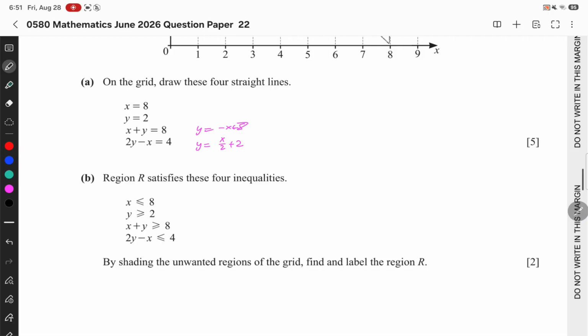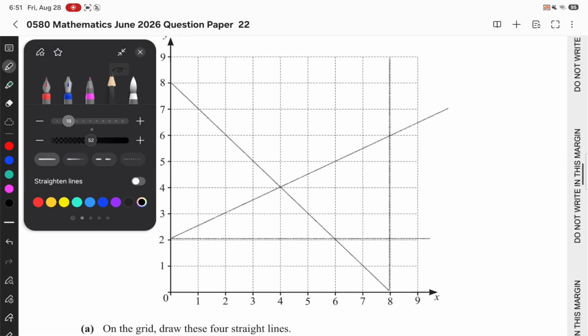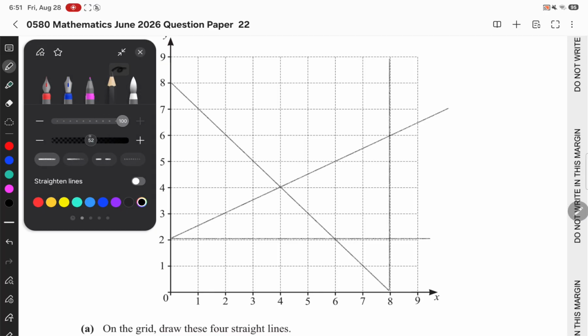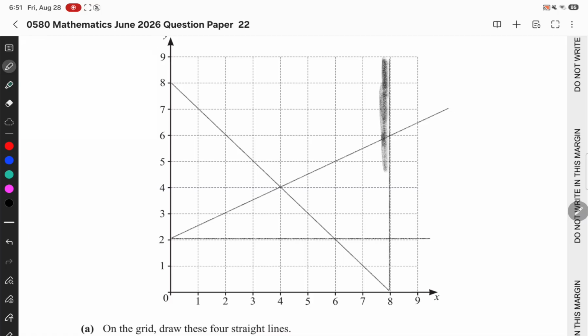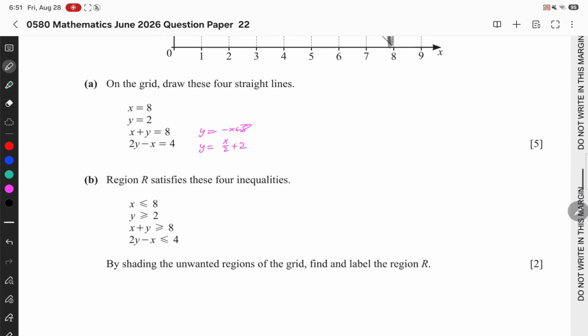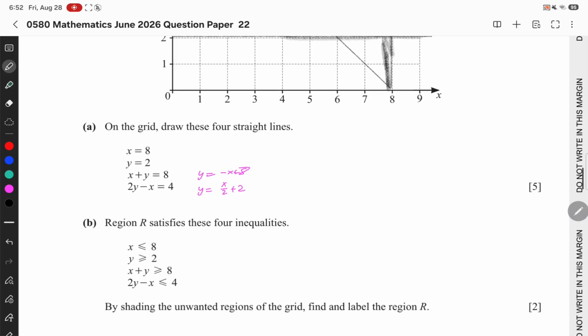x is less than or equal to 8. So what does this mean? This means it is like this half. y is greater than 2. x plus y is equal to, okay.